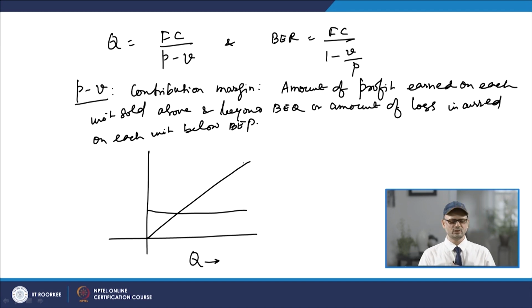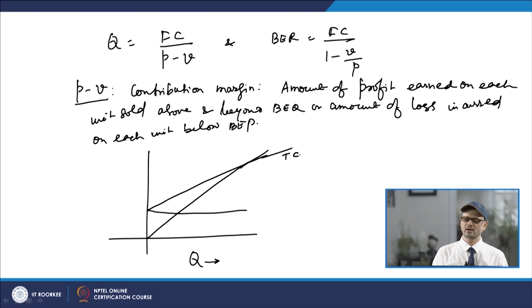Ultimately you will have this as the total. So, this is your income line. Whatever you sell, based on that you will be getting this income from the sales. So, this will be the P into Q line, and this will be your total cost line. So, this is your total cost line and this is your revenue line. So, this is going to cut it here.